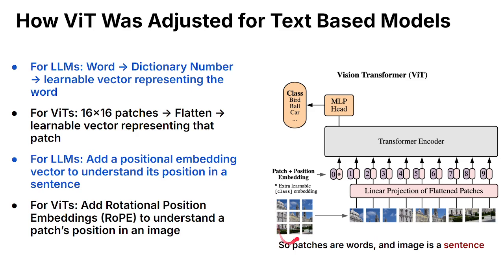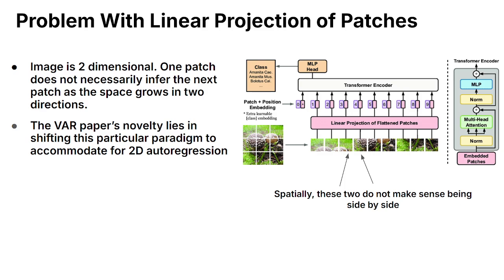Also, some things don't make sense: this patch and this patch are adjacent, but in the original image one is on the top right and the other is in the middle left. So this is one of the research gaps that the researchers of VAR have pointed out as problematic. Let's elaborate a little further on what's going on here.